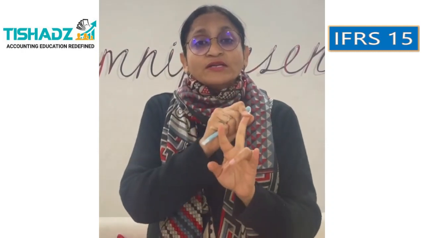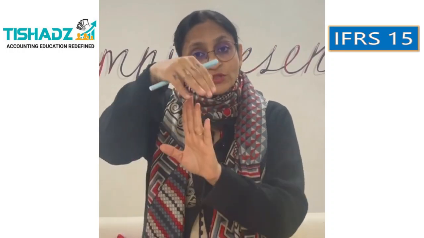Number 2, the entity is able to identify each party's rights, that is, what are the various goods and the cash that is involved in the whole contract. And number 3, the payment terms can be identified very clearly and specifically. So if these 3 rules are fulfilled, that becomes a valid contract with the customer.